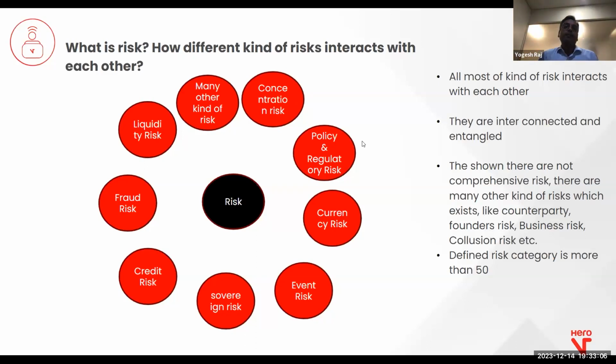The example which I'm taking over here is that one cannot just think that credit risk is one independent event.